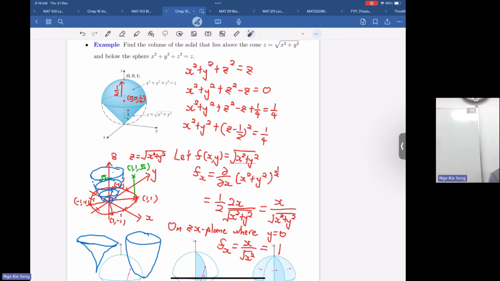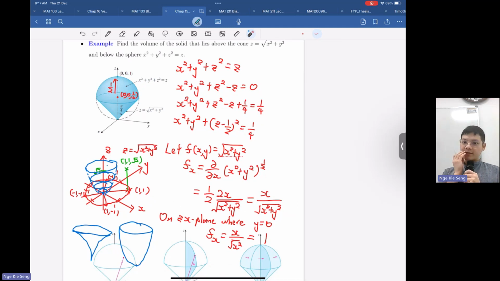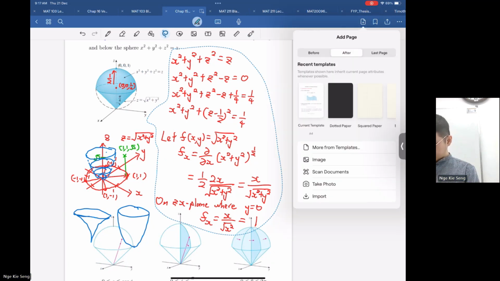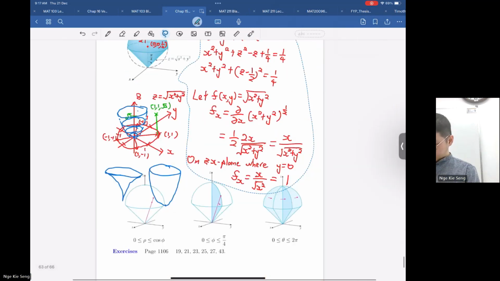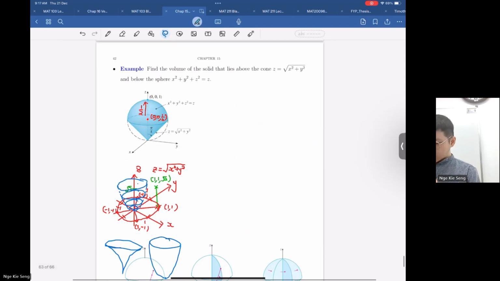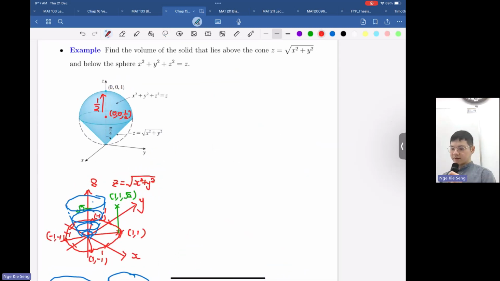But if you want to use a triple integral, you need to integrate over 1, otherwise you will get a hypervolume. Let's use the triple integral.